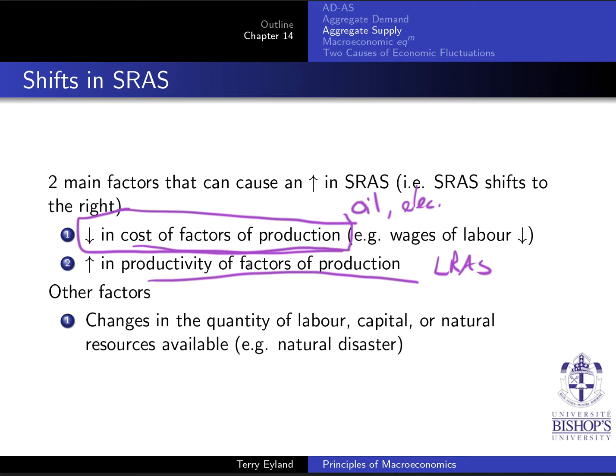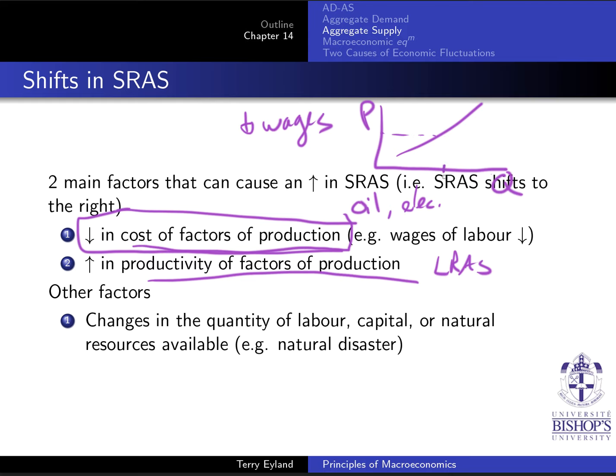But the big thing that I want you to keep in mind here is that the short-run aggregate supply curve will shift with wages. So if wages go down, if I think about this supply curve, this is my output, call it Q or Y. For a given price, will I be willing to supply more units or fewer units?